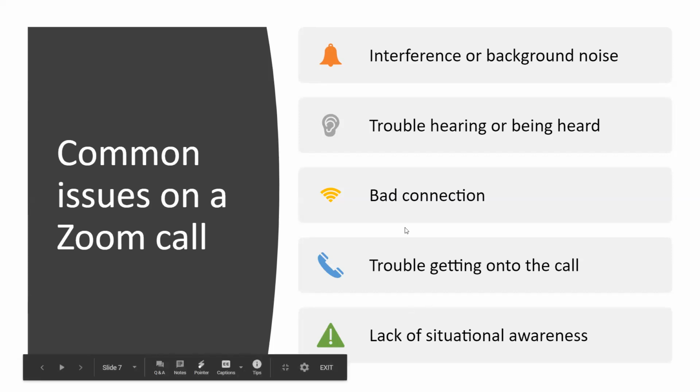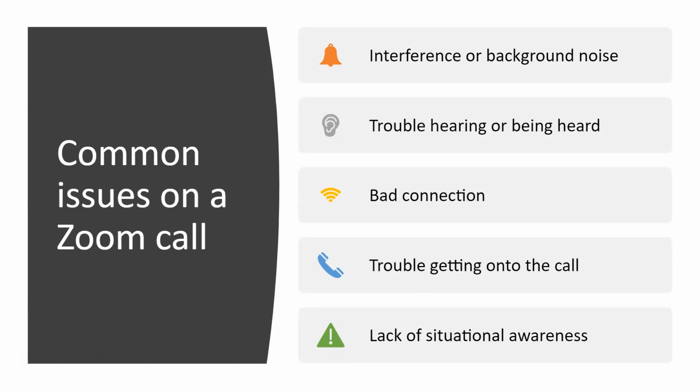Okay, and then situational awareness. Just be aware of your surroundings. Tara will talk about this in a little bit, but obviously you're on video, so you will be seen by the member. If there are people behind you, they will also be seen. So make sure your family knows that. Sometimes it's unavoidable, especially in these situations where we're all working from home, to see family members walk by or have animals pass through.